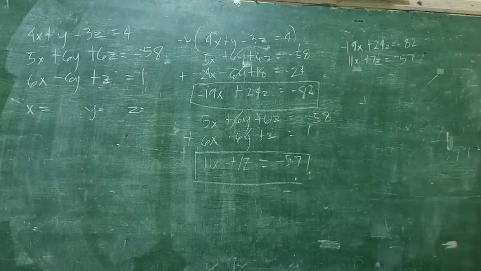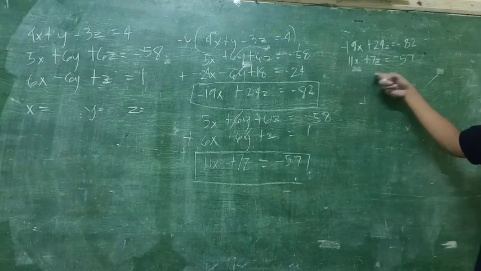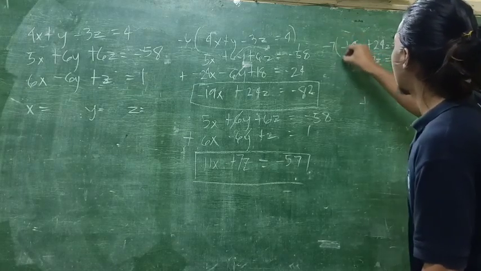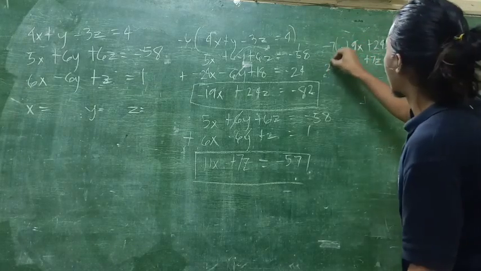So what I want here is to eliminate the z. So I just have to multiply by negative 7 here and 24 here.